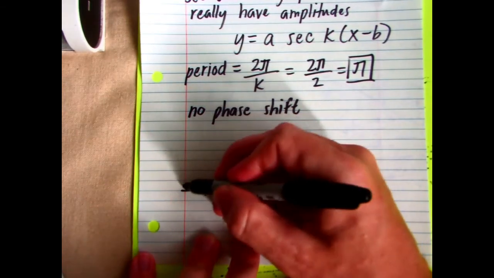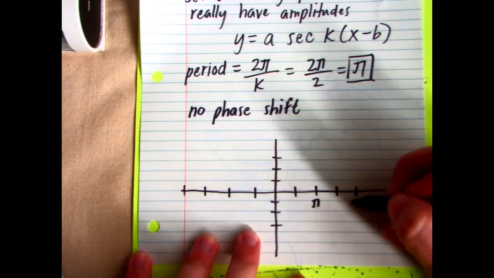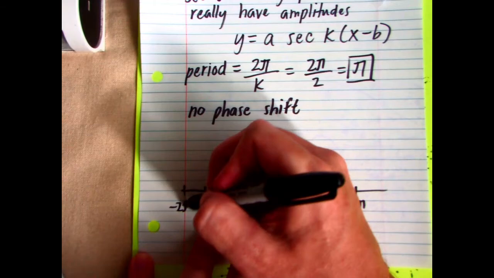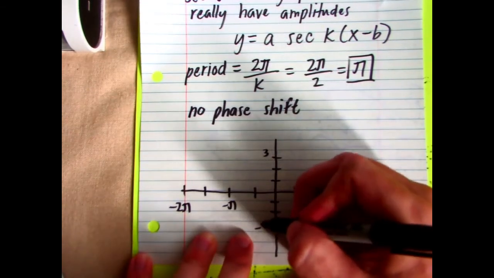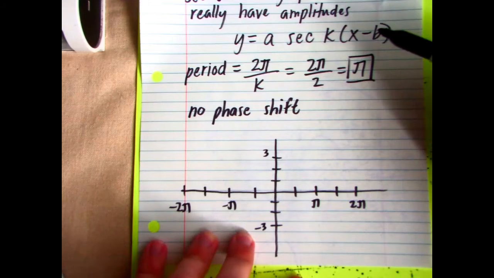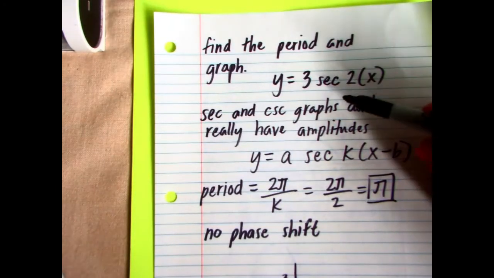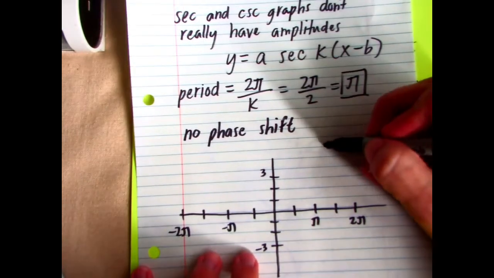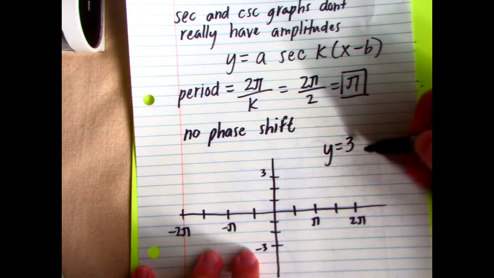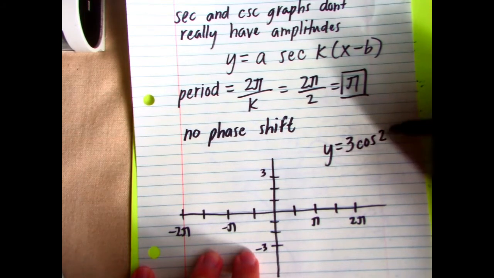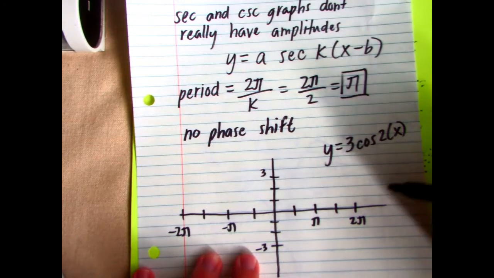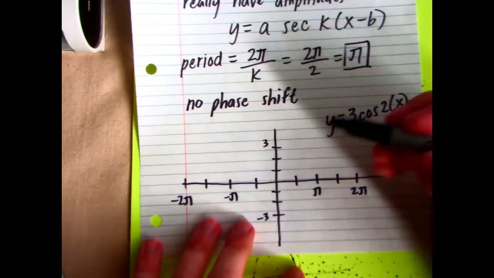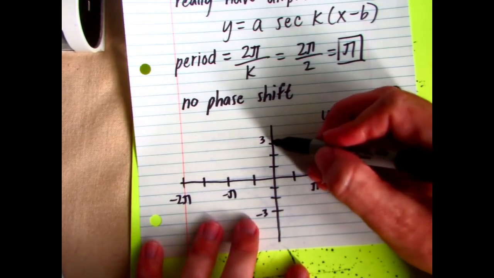So setting myself up with some axes here, I'm going to go from negative 2 pi to 2 pi on my x, and from negative 3 to 3 on my y. Again, we got the period to be pi. So it takes a distance of pi to make one full graph. So let's graph it as if it were cosine with a period of pi.